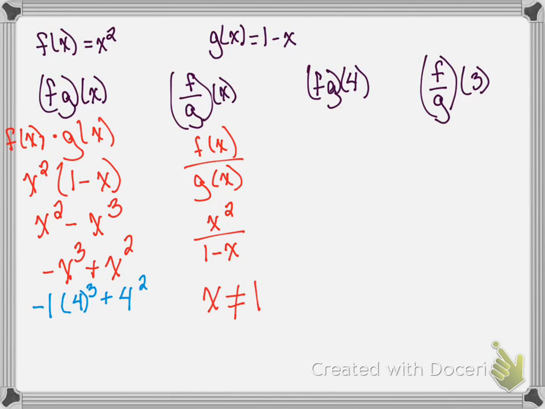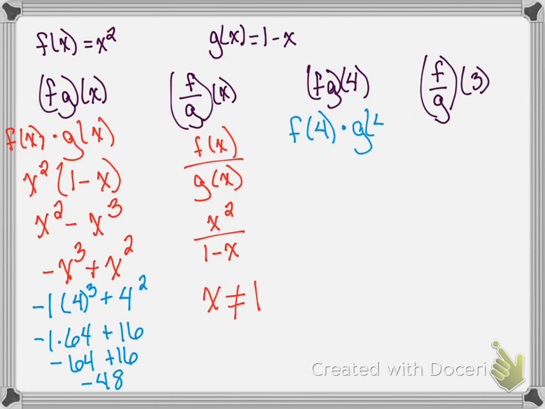So then I have negative 1 times 64 plus 16. So negative 64 plus 16, and I get negative 48. Now, I can also do f of 4 times g of 4.